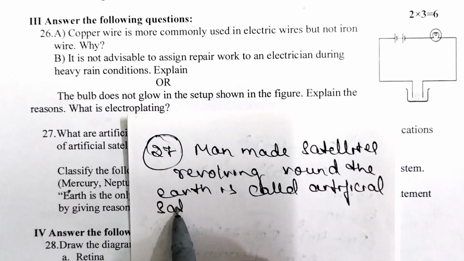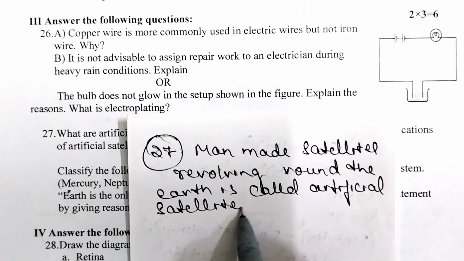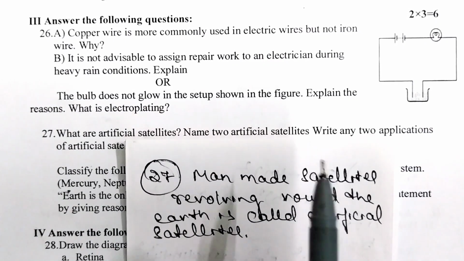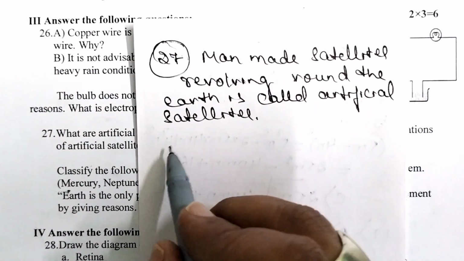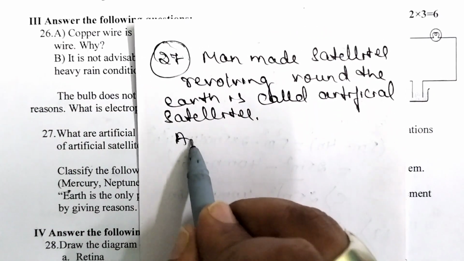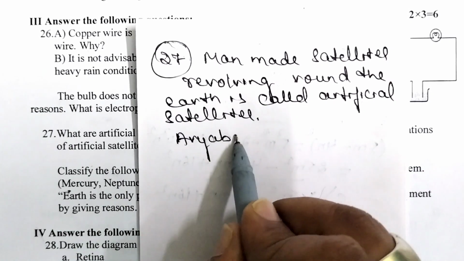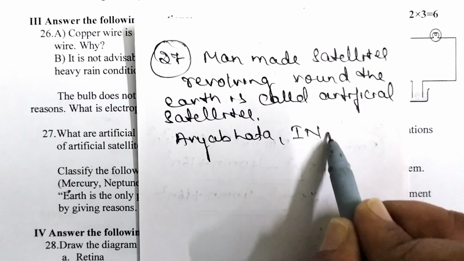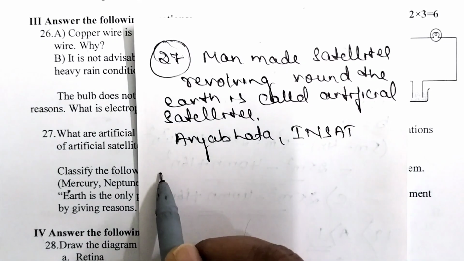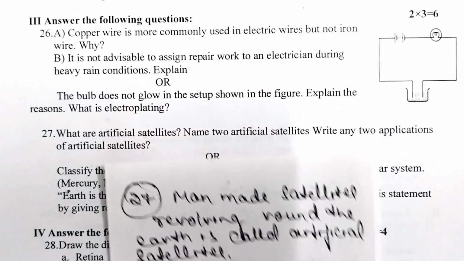This is one question we have finished. Now let us move for another question, that is name two artificial satellites. So the two artificial satellites are Aryabhata 1 and INSAT, Indian National Satellite. Okay, second question also finished.